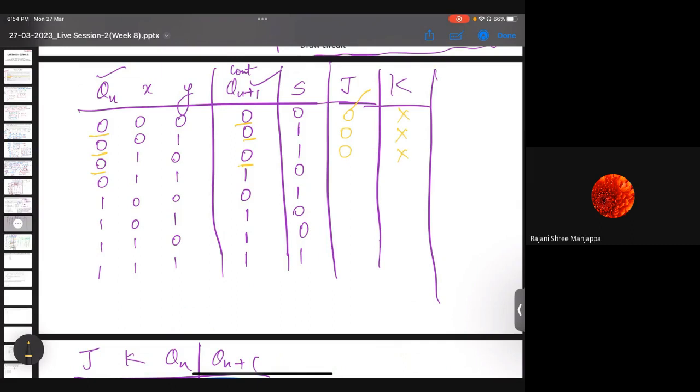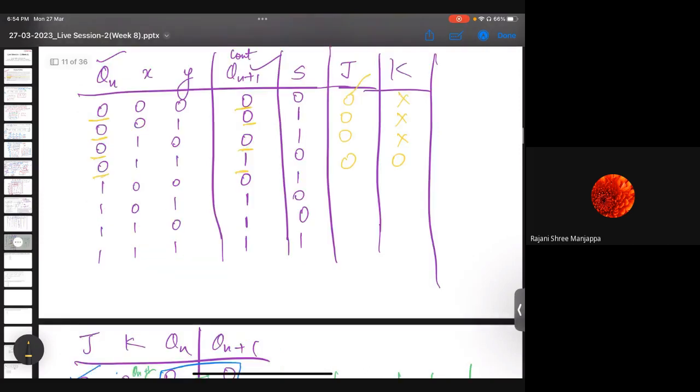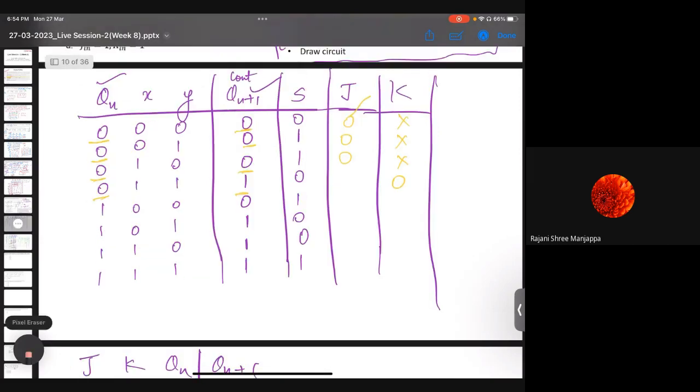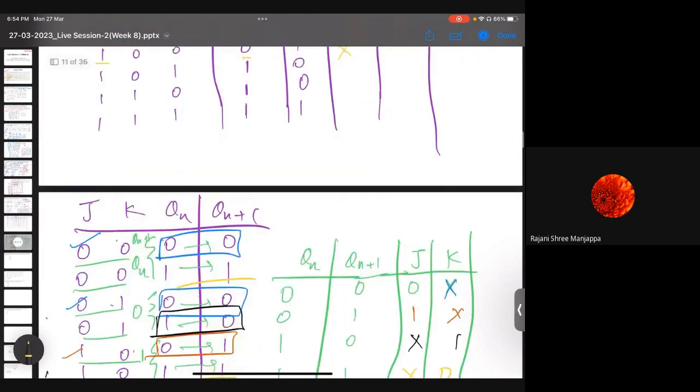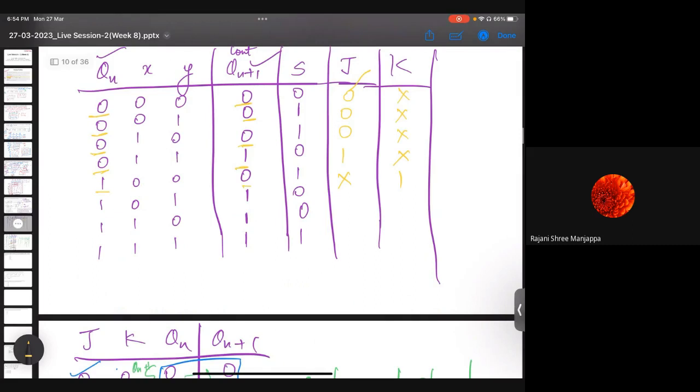So 0, 1 will give 1x, my bad. Then 1, 0 will give x and 1. Then it is 1, 1: it is x0. It is again 1, 1: it is x1. Then x1. Is it fine?